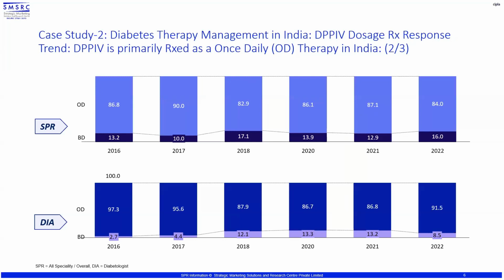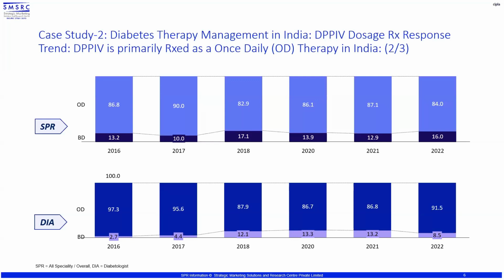The most interesting thing is that, initially and even today, DPP-4 in India is once a day. Look at these numbers. Overall, all specialties put together, 85 to 86% is once a day. BD dose is only 16%. And amongst diabetologists, the key segment, it is even higher, more than 90% once a day.